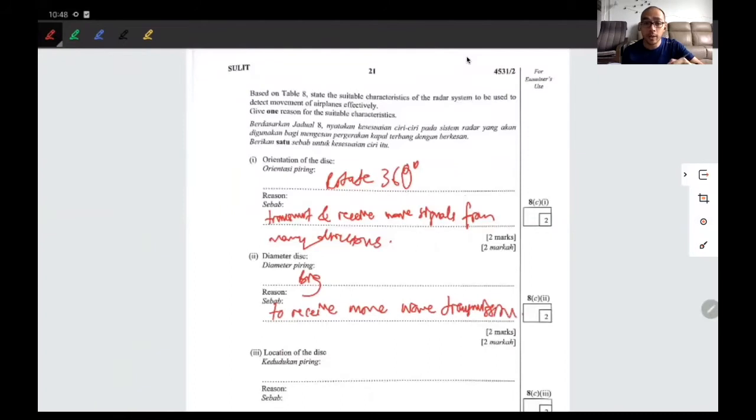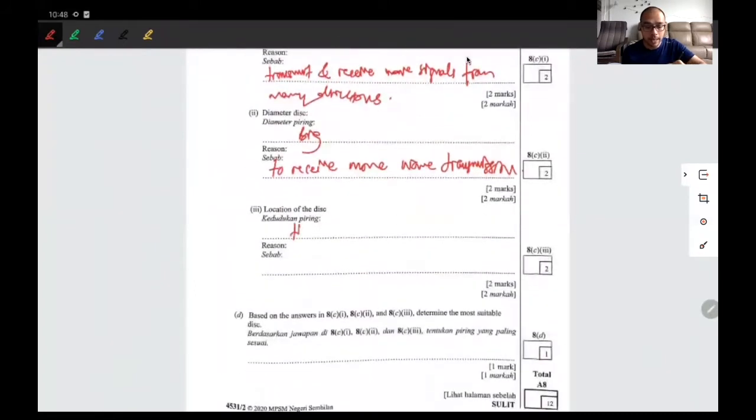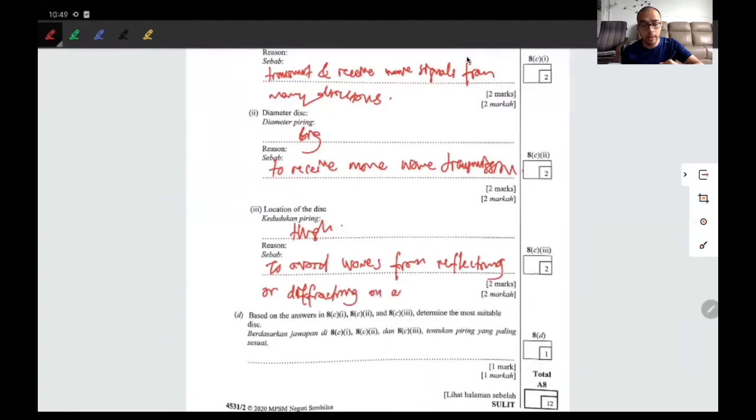Okay, that's another one. The location of the disc should be high, so as to avoid waves reflecting or diffracting on an obstacle.